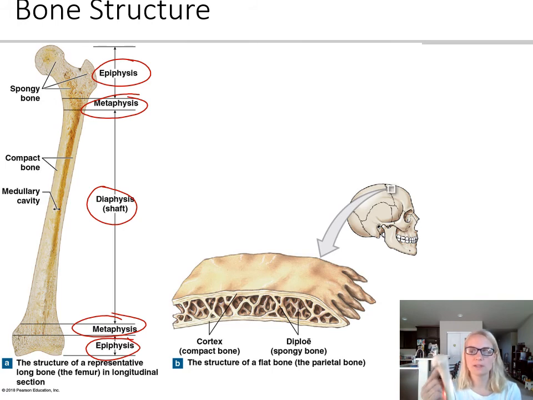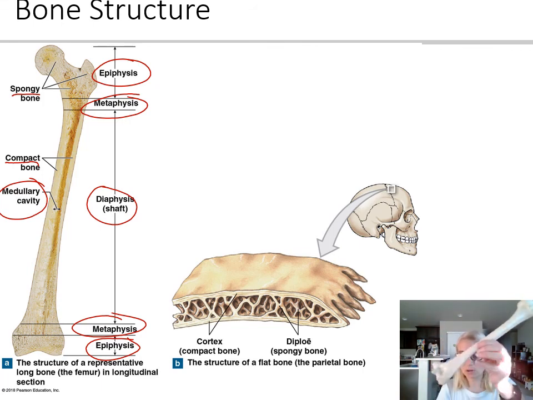So your epiphyses are filled with spongy bone, and then the diaphysis is hollow in the middle, filled with marrow, and so the space is called a medullary or marrow cavity, and then surrounding it all over here, this is all compact bone, right? So we have spongy bone and compact bone, and then the marrow cavity is inside the diaphysis, okay? So those are all the words that go along with a long bone.